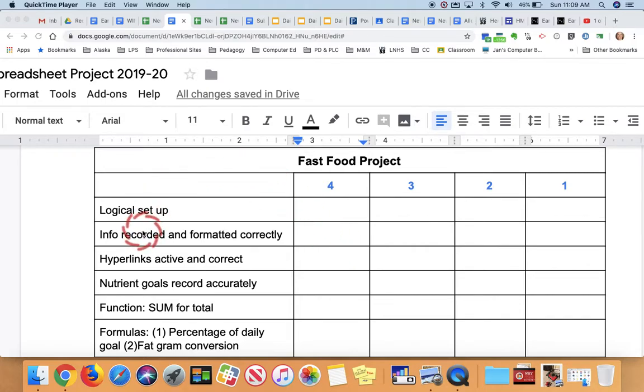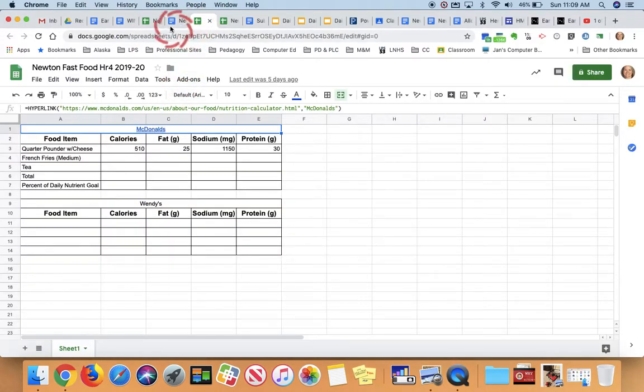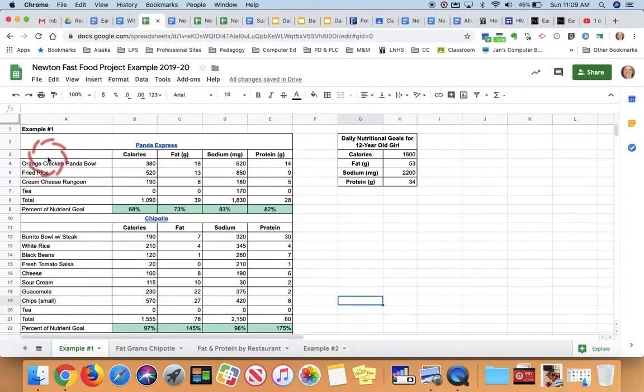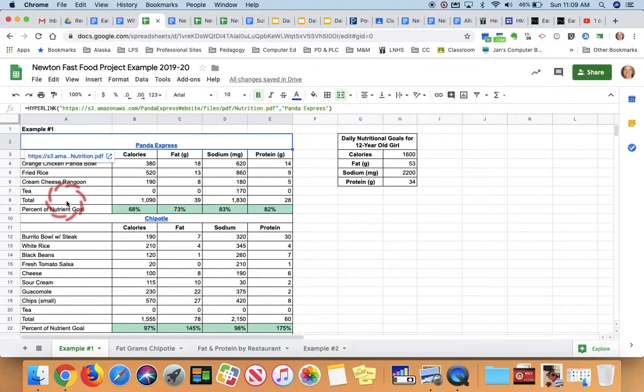It's set up like our normal rubrics where you can earn 4, 3, 2, or 1 point based on what you've done. So the first thing I will look at is your logical setup. On your spreadsheet, all you need to do is check and make sure that you have set it up similar to the way we did in class, where you have your restaurant name, and then you have column headings explaining your nutrients that we researched.